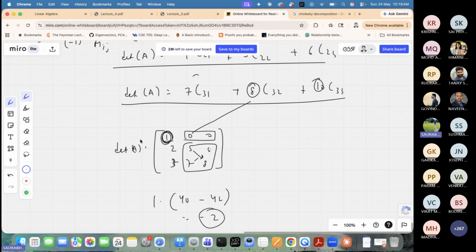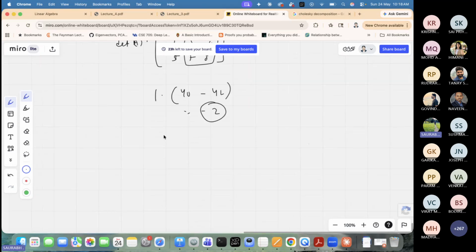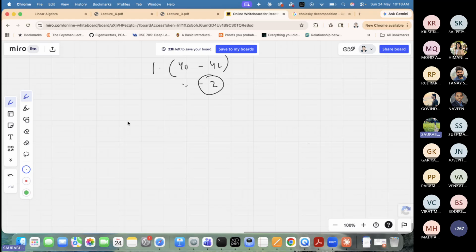So you can expand it across the rows, or you can also expand it via columns. Think of it as Cij giving you the cofactor formula: Cij equals minus 1 to the power i plus j times Mij. This gives you a checkerboard-like pattern, because at this particular place it would be positive.